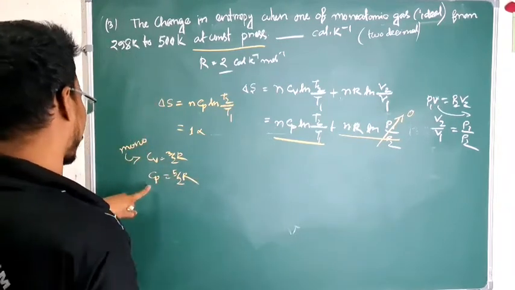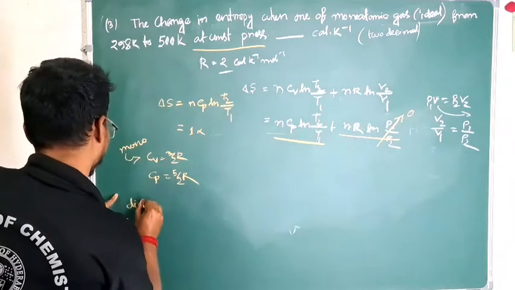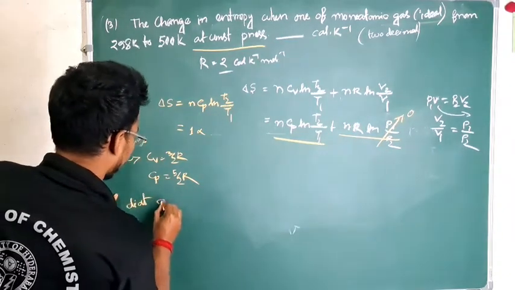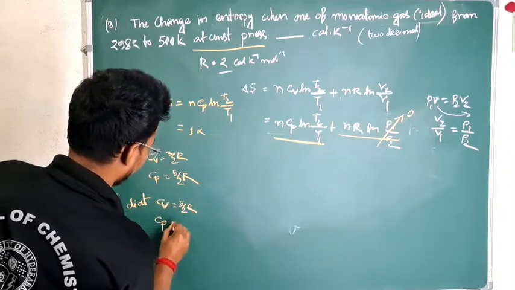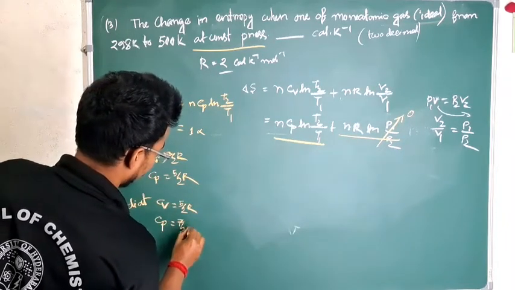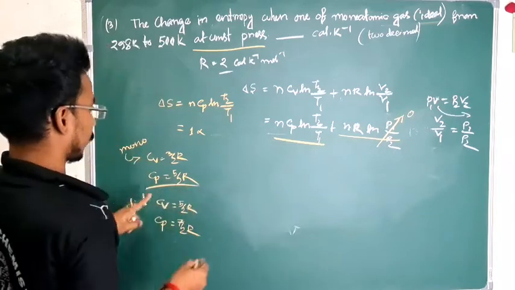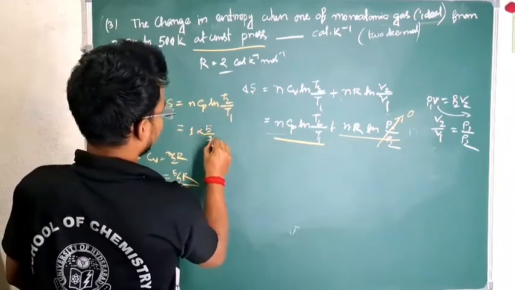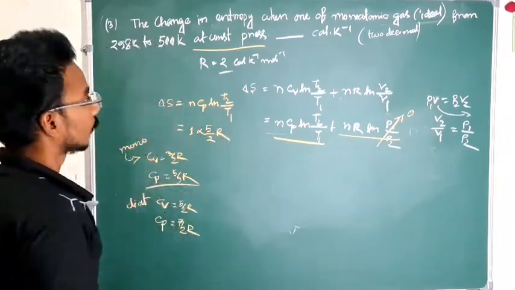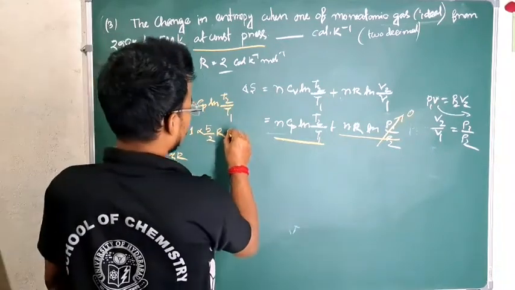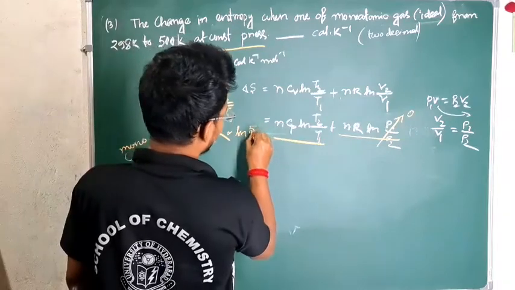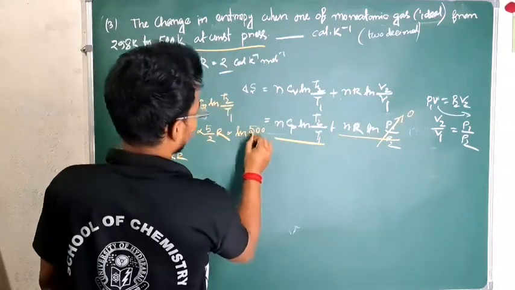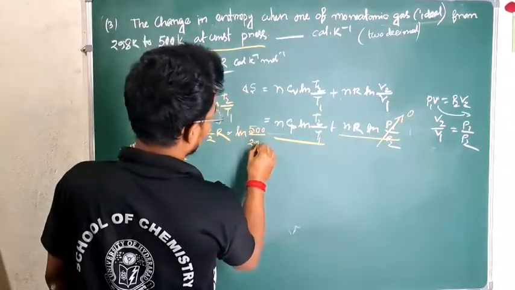And for diatomic gas, Cv equal to 5 by 2R and Cp equal to 7 by 2R. We need this, so 5 by 2R into ln T2 by T1, what is the 500 by 298.